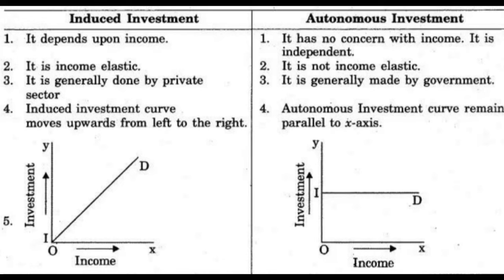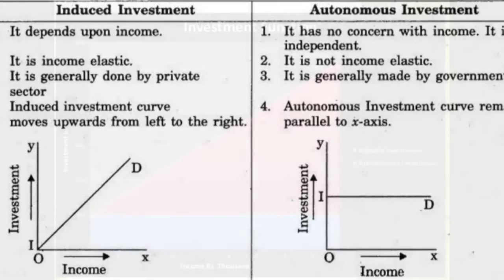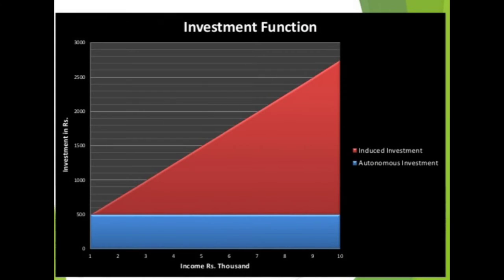As the investment gets lower, the income also gets lower. You can see the blue color, autonomous investment, remains constant, and induced investment keeps rising with the rise in income. So this relationship is known as the investment multiplier actually.